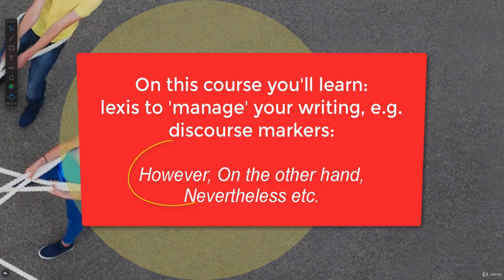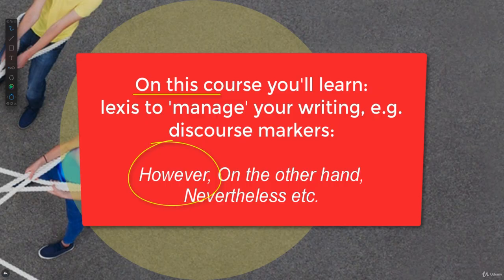An example I could give is the word however. However, when I use it, I'm saying what I'm going to say next is contrasting with what I've just said. So the word however, discourse marker, helps me to show the reader that I'm going to contrast what I've said previously.